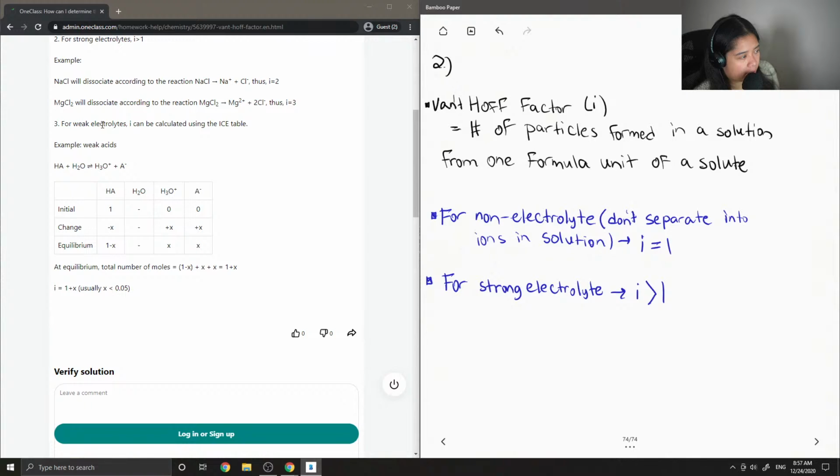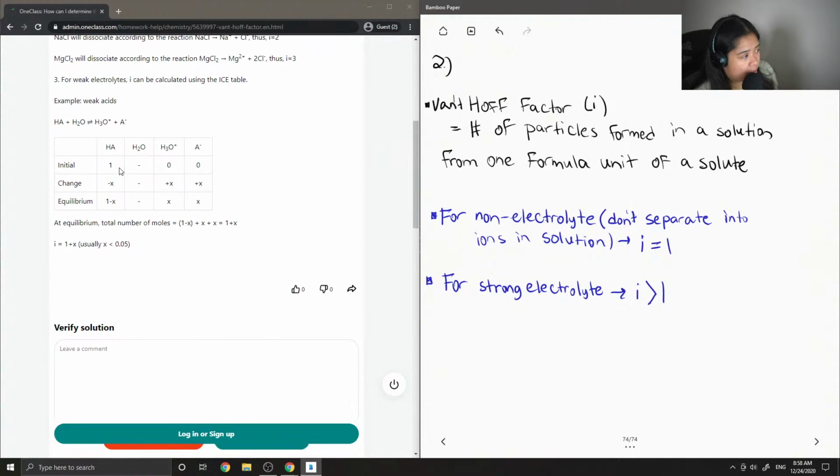For weak electrolytes, i can be calculated using the ICE table. So they have an example using the weak acid HA, which dissociates into H3O+ and A-. The ICE table stands for initial, which is the initial concentration. Notice that the reactant starts off with a concentration of 1, and the two products start with 0 because they aren't formed yet in the initial reaction.